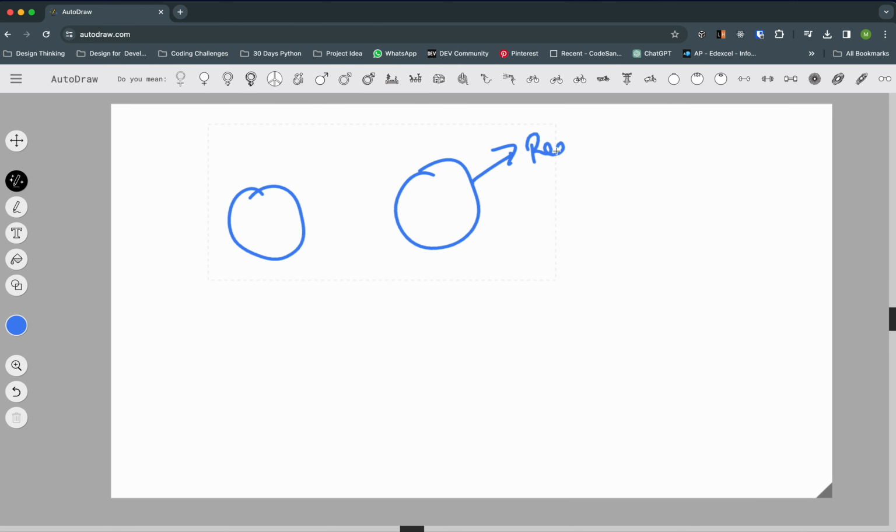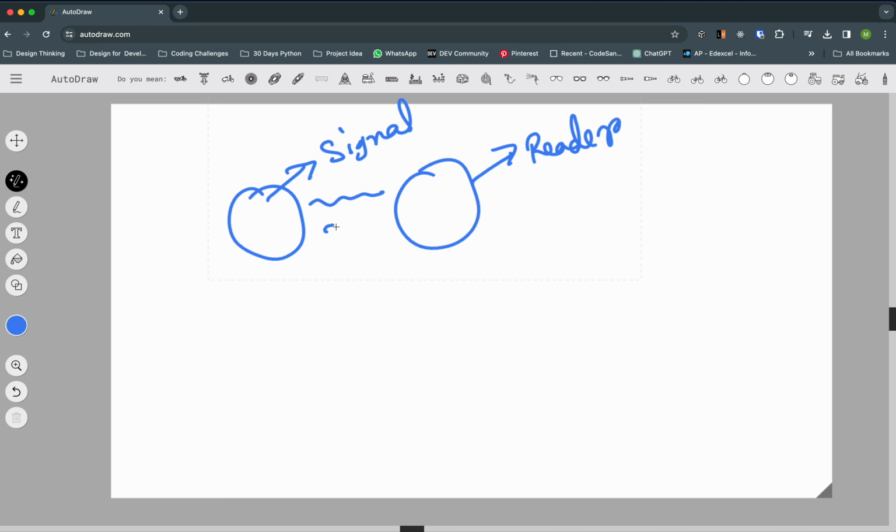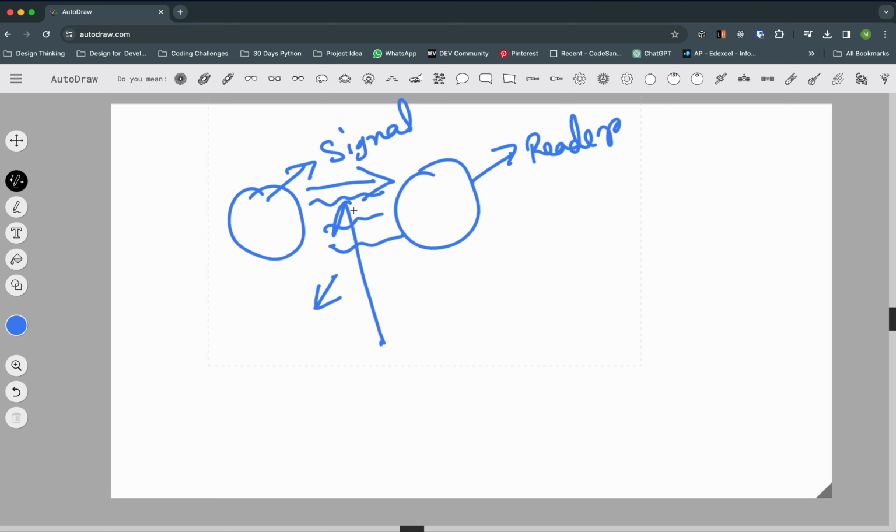This one transmits the signal. This is the wave, right? It's going there. During this time it transfers all the financial data or personal data. So if some hacker comes and interrupts at this time, they can get all the information.